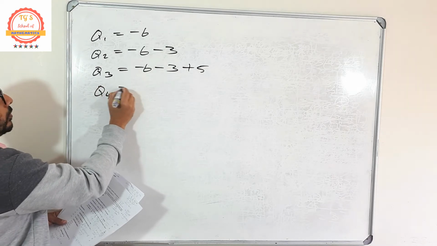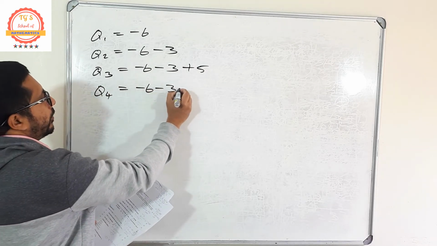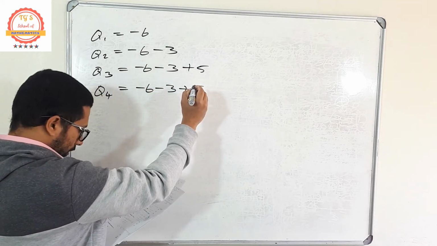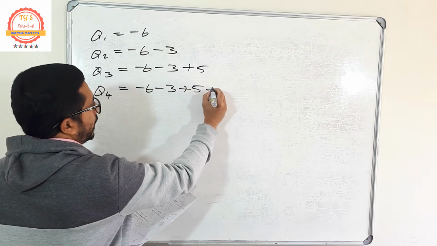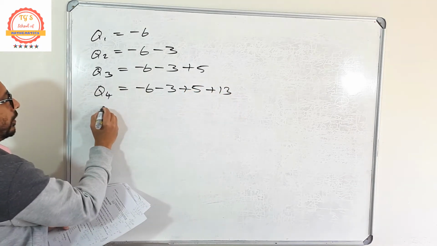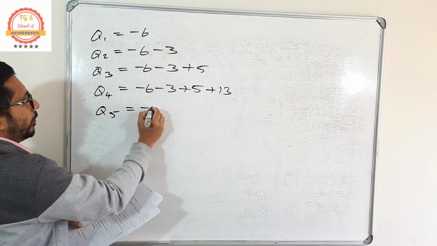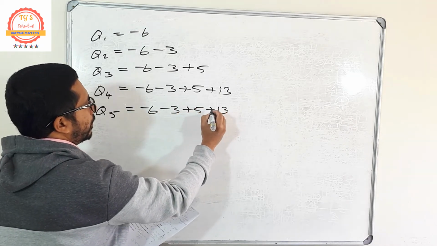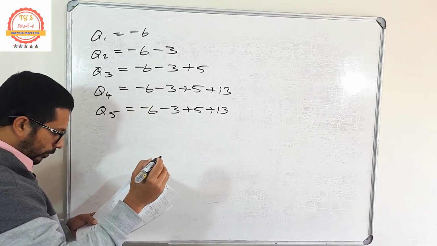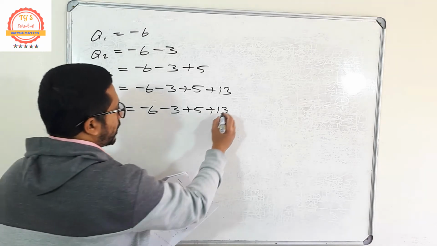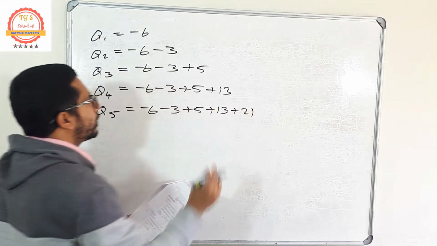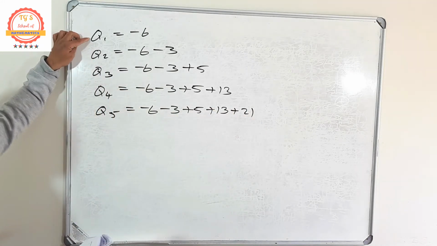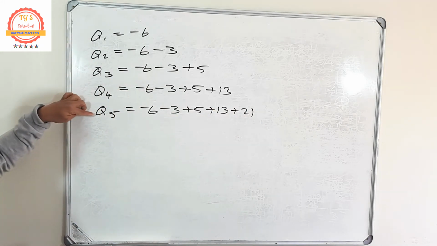Q4 is equal to minus 6 minus 3 plus 5 plus 13. Q5 is equal to minus 6 minus 3 plus 5 plus 13 plus 21. So look at this one, Q1, Q2, Q3, Q4, Q5.